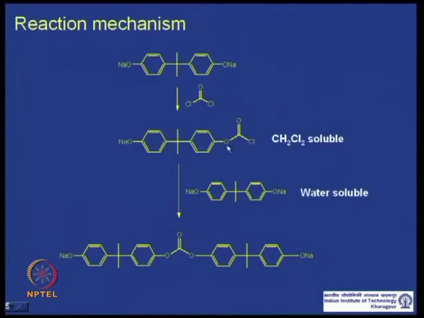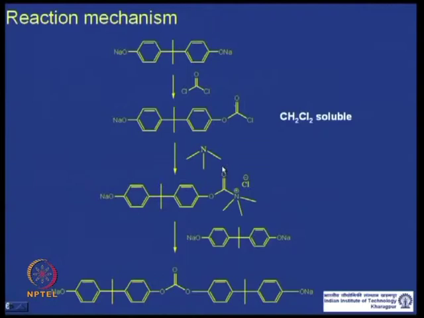If you do the reaction in this way, it will be a very slow reaction. So, what is done to tackle this problem?